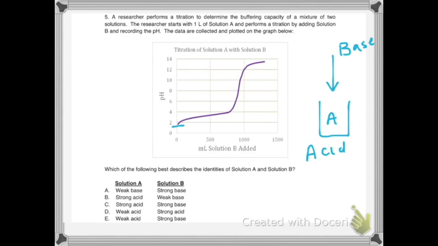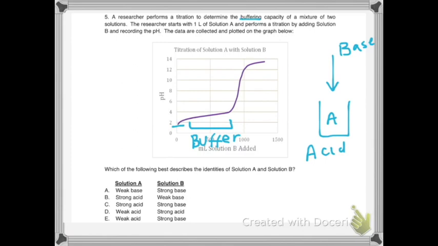And so if you look at this region here and how extended it is, we can see that this is what we'd call the buffer region, or the buffering region. And they kind of warned us about this in the prompt too.